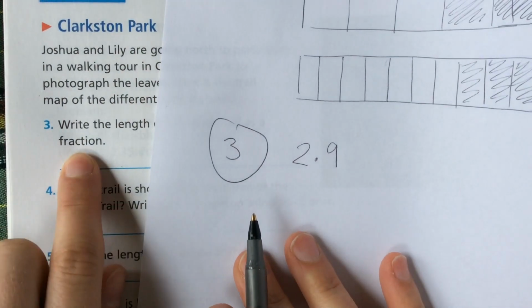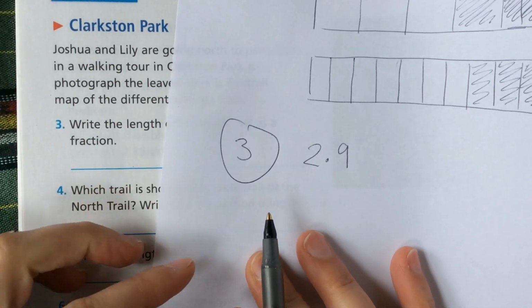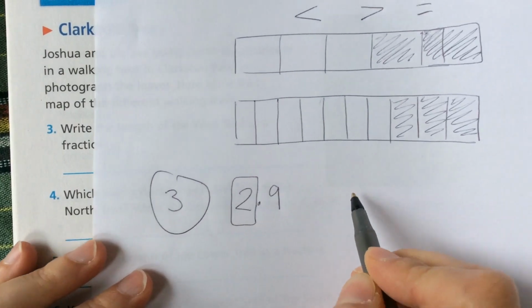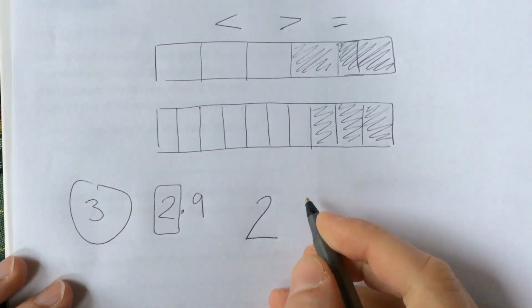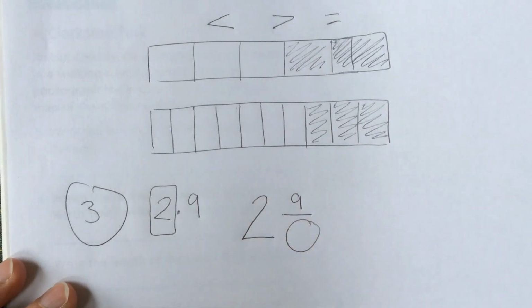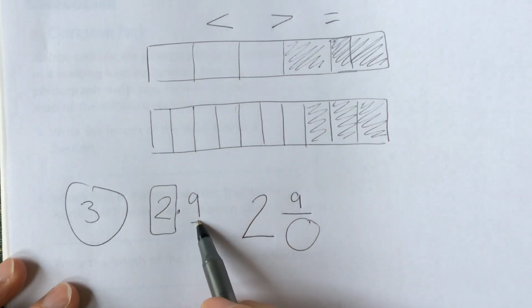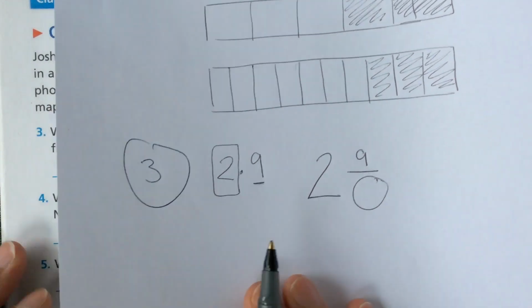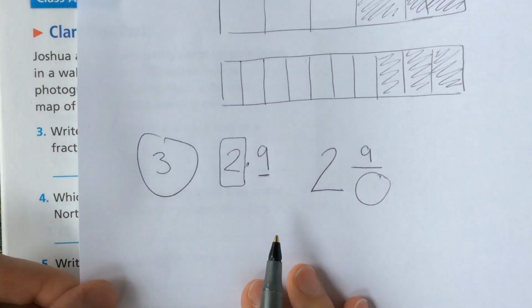And they want it as a fraction. So this here is our whole number. So we've got a giant 2. And then we have this 9. But the question is, what is the denominator? Since it's only in the tenths place, is it tens or hundredths? And I'll leave you with that one here.